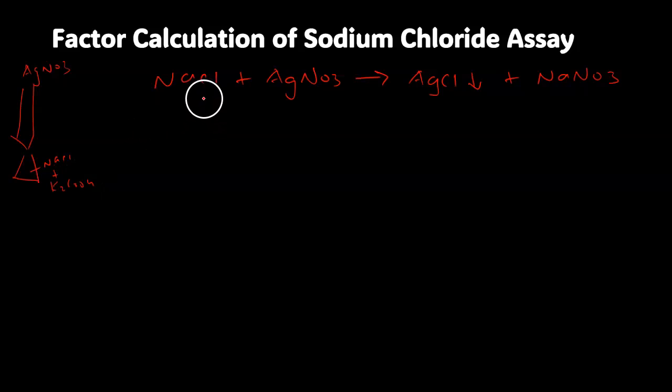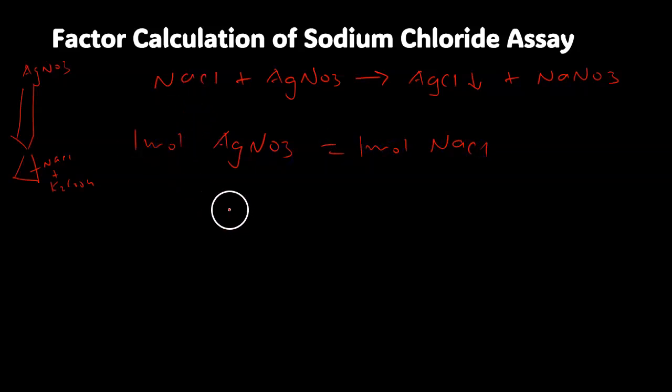So for factor calculation, once we know the reaction, it means that 1 mole of AgNO3 is equivalent to 1 mole of sodium chloride. 1 mole, and here also 1 mole. So 1 mole from each side has been required. Now further we have to calculate the molecular weight of both the species.